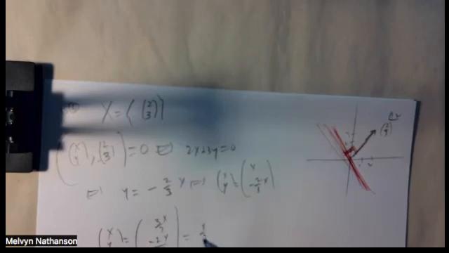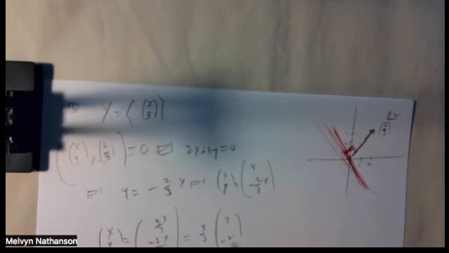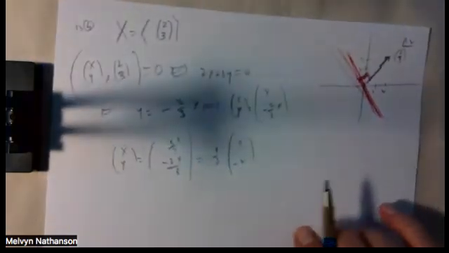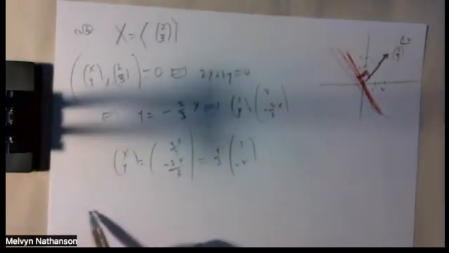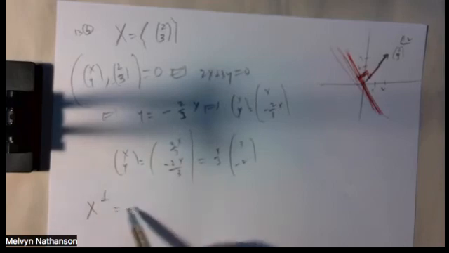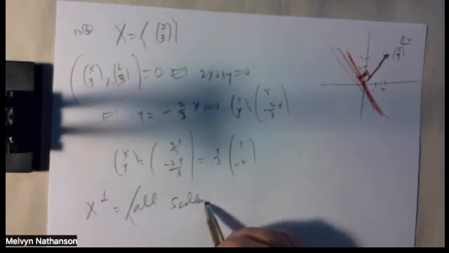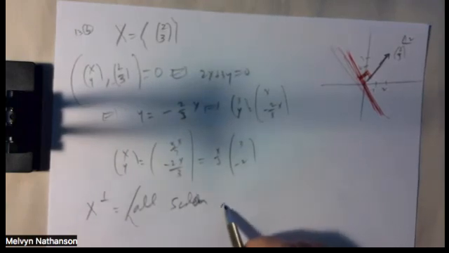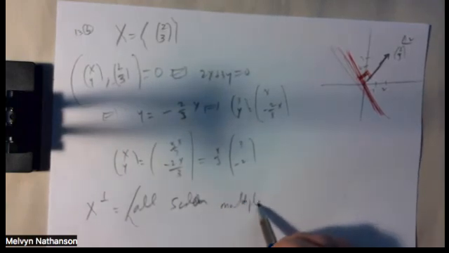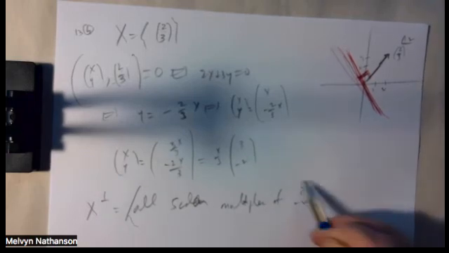It's like x over 3 times 3, minus 2. Yeah, we can see that. Thank you. So x-perp is all scalar multiples of the vector 3, minus 2.